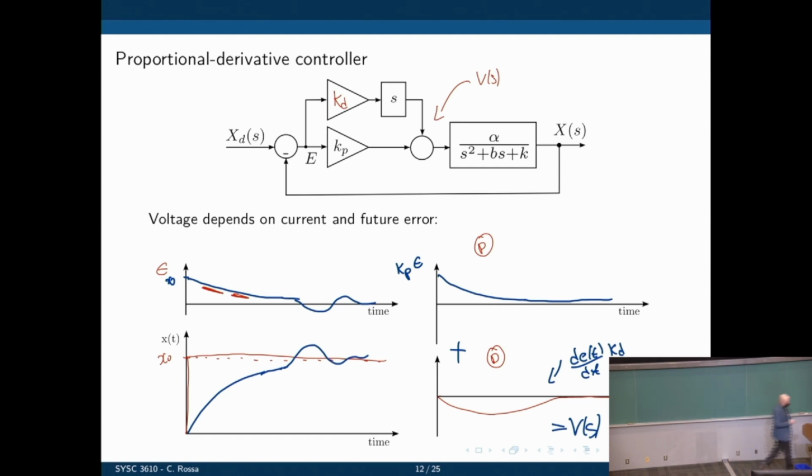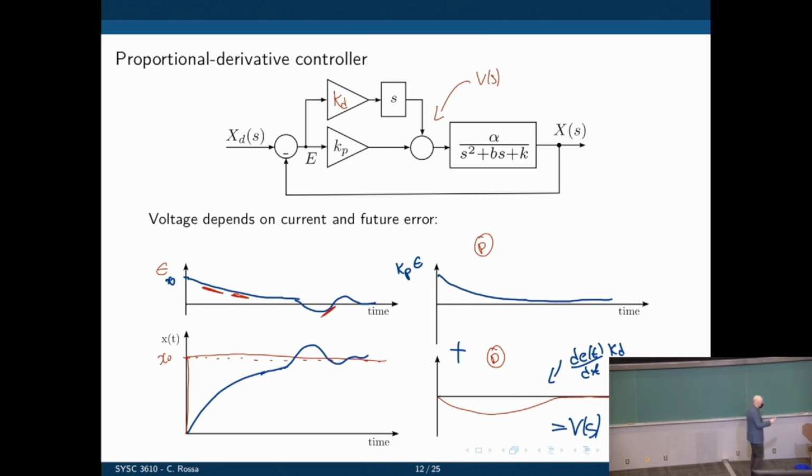If the error is negative, it will eventually come back up here, and during this instance, the error is now increasing. And if the error starts to increase, then the derivative gain reverses direction, now becomes positive. It is actually adding more energy to the system.